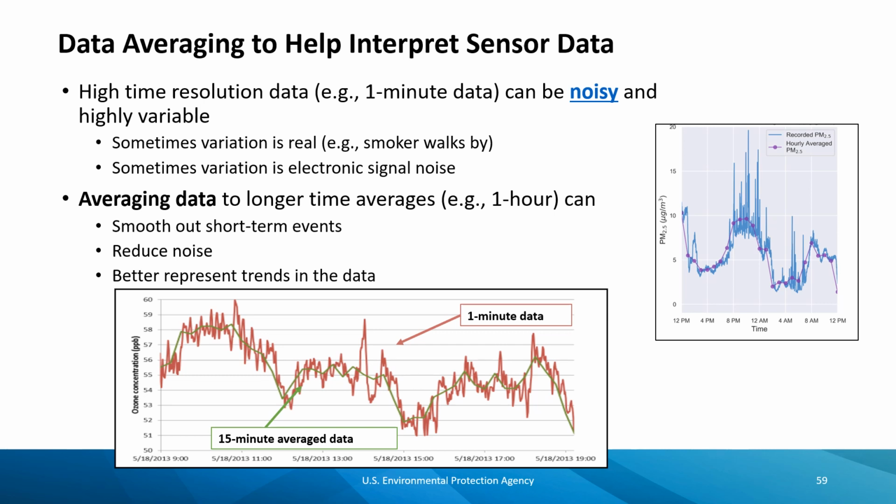For example, the graph on the bottom shows ozone data at 1-minute intervals in red and at 15-minute averages in green. You can see the red line has many peaks and dips, but when averaged to 15 minutes in the green line, the variation is smoothed out, making it easier to see the general trend throughout the day.